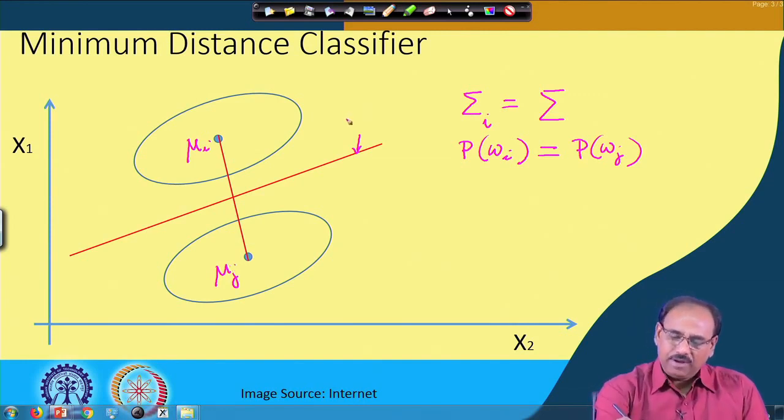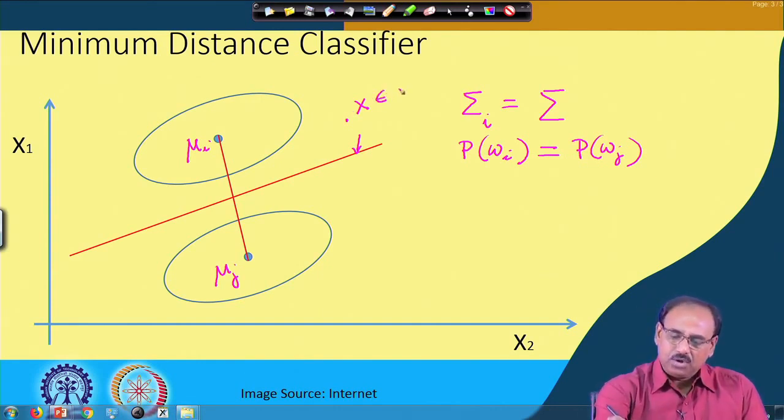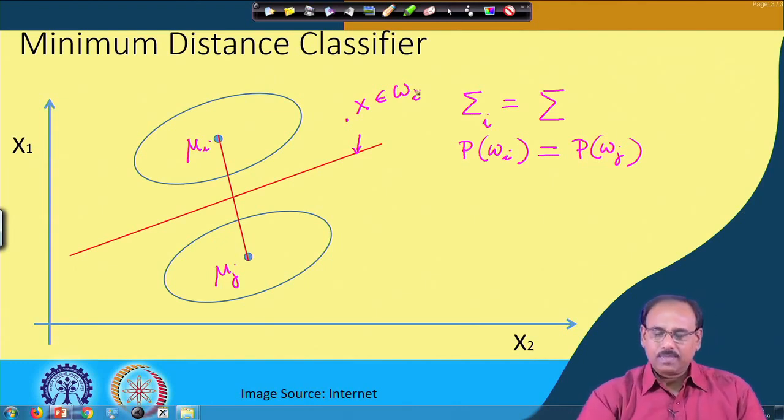Again here, if I have an unknown point x on this side, this unknown point x will be classified to class omega I, because it is falling on the side of mu I. Is it a minimum distance classifier? Yes.